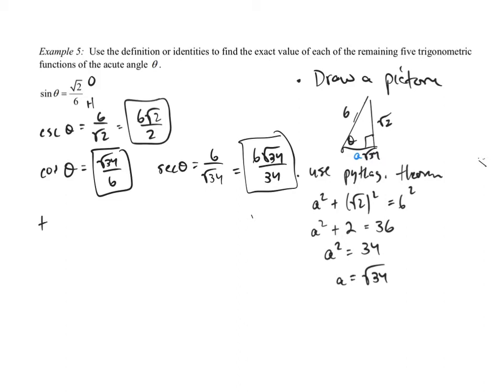And then finally, tangent theta, using our triangle, we know is going to be the opposite over the adjacent, and so that's going to be square root of 2 over the square root of 34, which is actually going to be 1 over the square root of 17. Okay, and so that's going to be square root of 17 over 17.